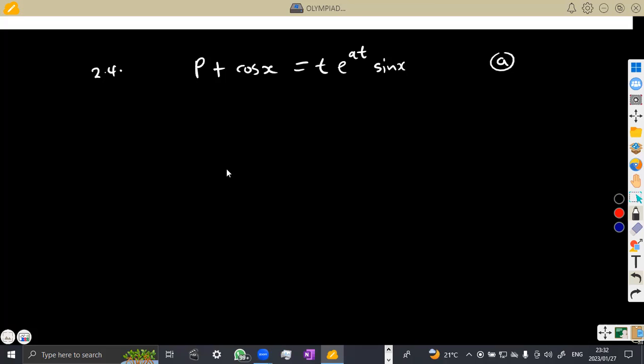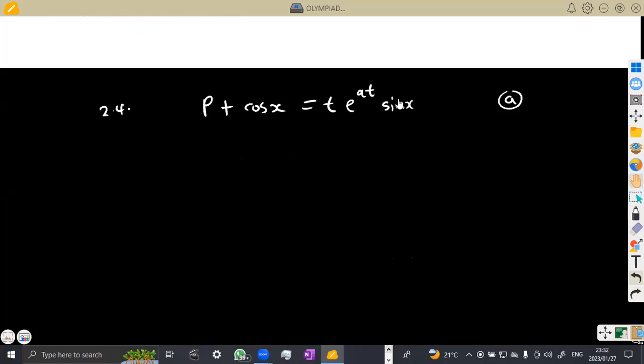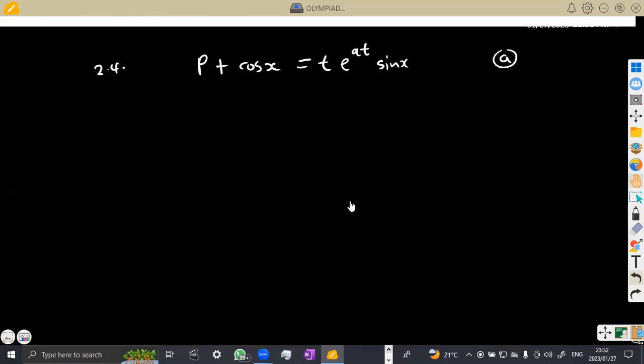Let's start with the question. Let's just have our question back here. We are asked to make a the subject. So that's a here, which means t and sine x have nothing to do with the a. So we can divide by t and sine of x both sides.